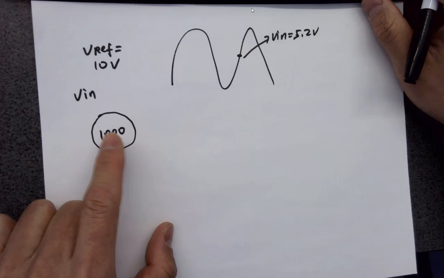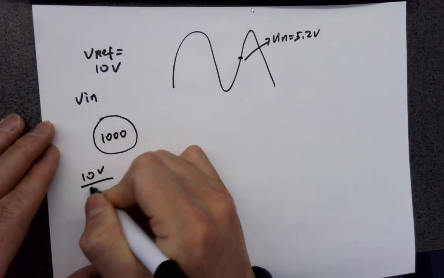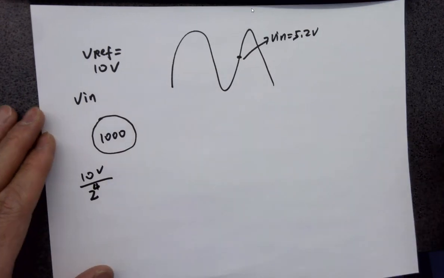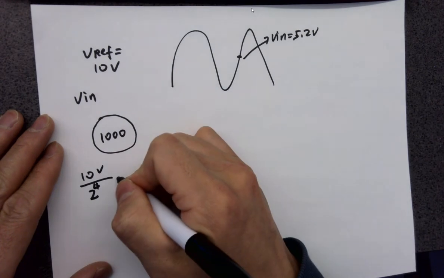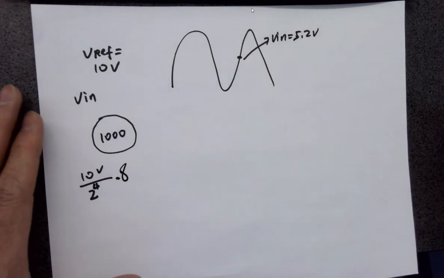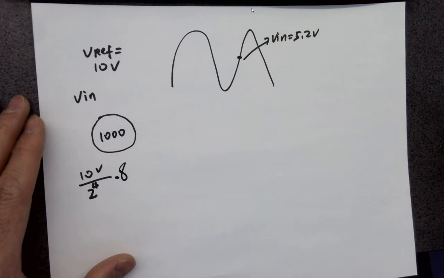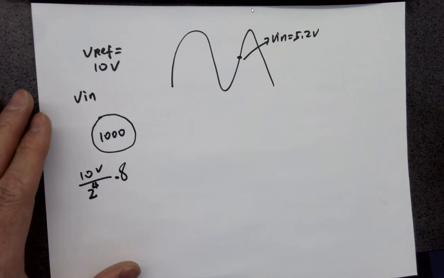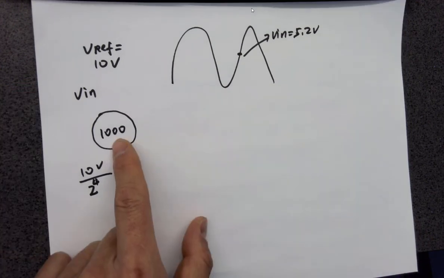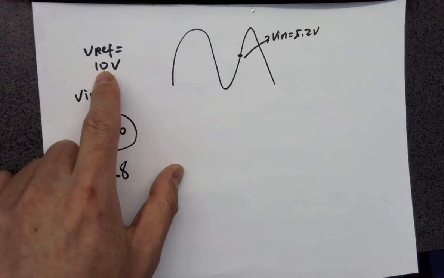Why? 10 volts divided by 2 to the 4th as the whole range, times this number here, which is 8. You are thinking about 2's complement? No, it's negative 8. Is this 8? Is this 5 volts, if the full range is 10 volts?